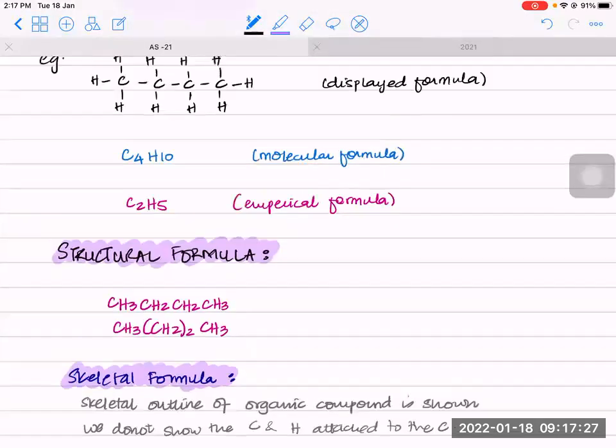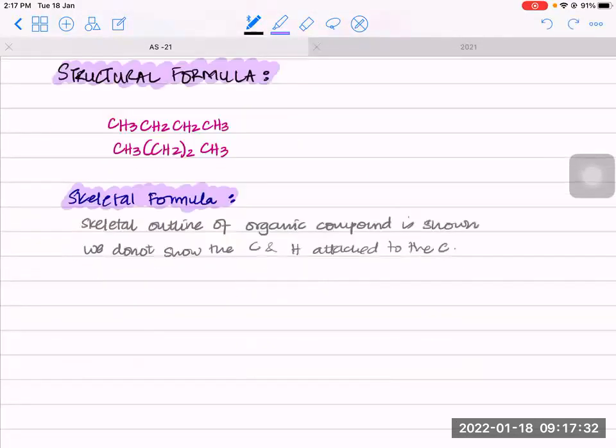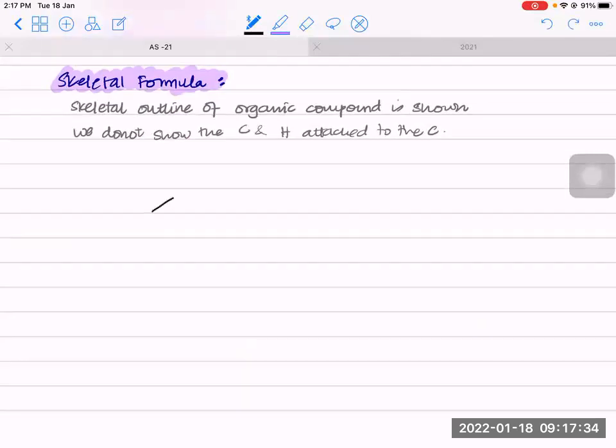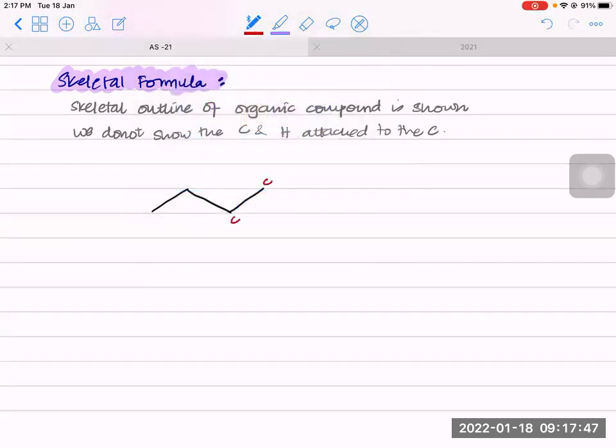For example, you have 4 carbons here and 10 hydrogens. So you don't show the hydrogens. So 1, 2, 3, and 4. So this is a carbon, a carbon, a carbon, and a carbon. The 4 carbons right here, you don't show the hydrogens attached to it. You only show the skeletal outline.